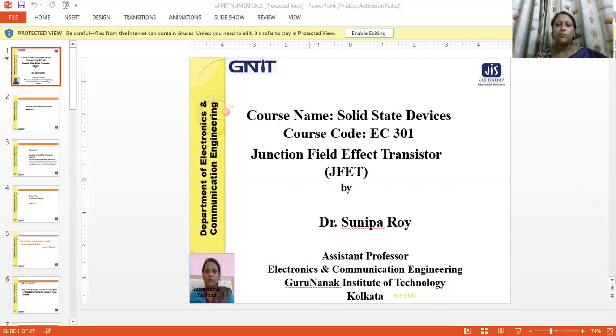And drain to source is forward biased, VD is plus, VS is minus. This VDD is positive, connected to the drain terminal, negative terminal connected to the source terminal. One voltmeter is connected here to measure the gate to source voltage, and another to measure the drain to source voltage. This is an ammeter to measure the drain current, connected in series.